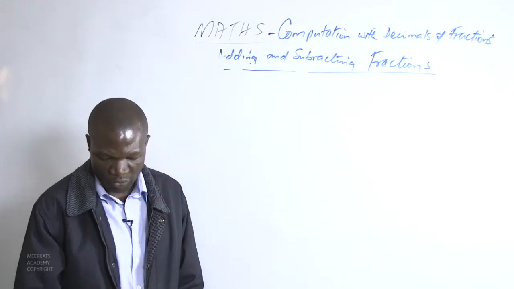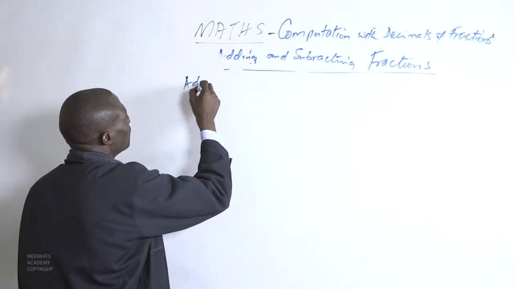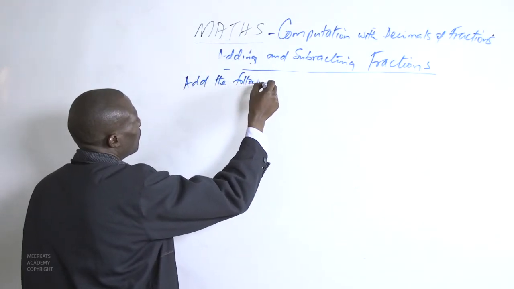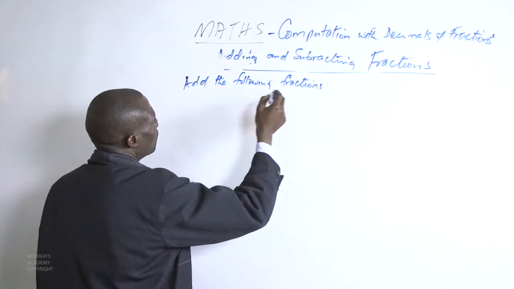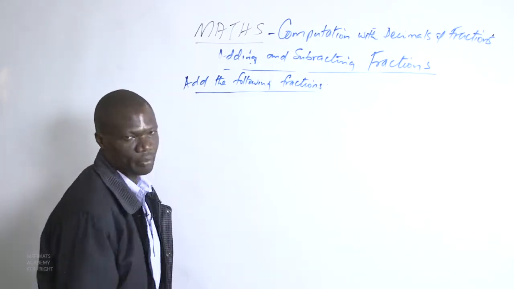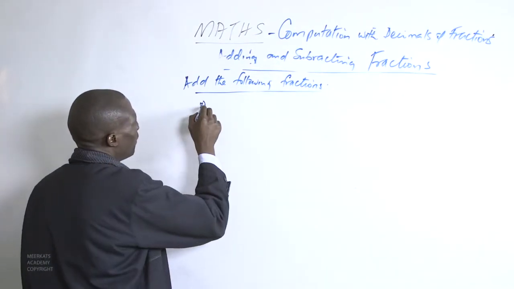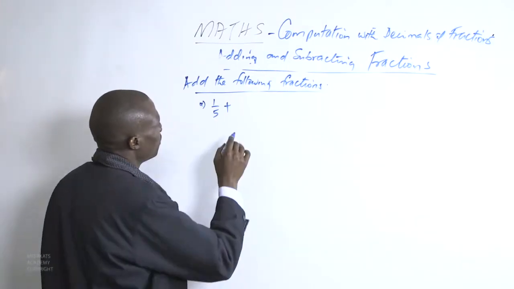Add the following fractions. A: 1 over 5 plus 3 over 5.